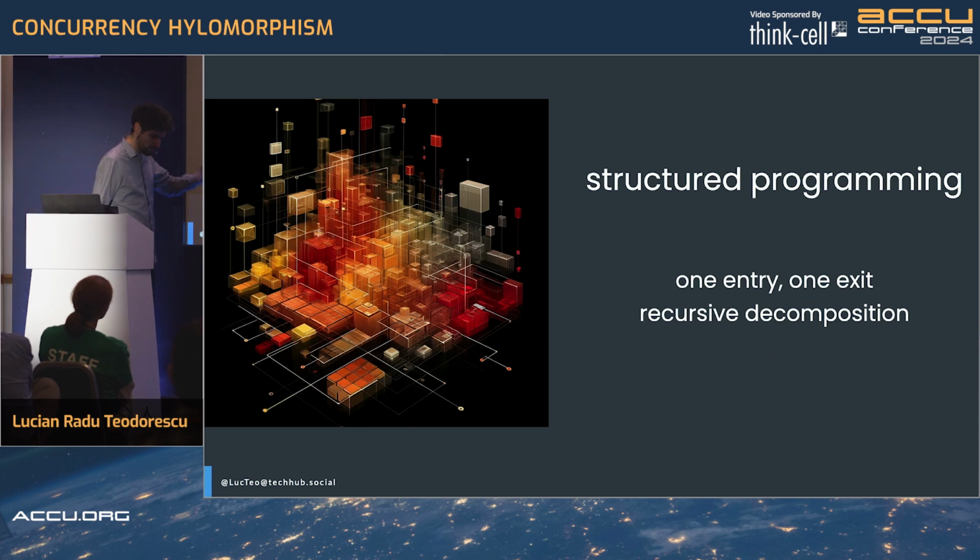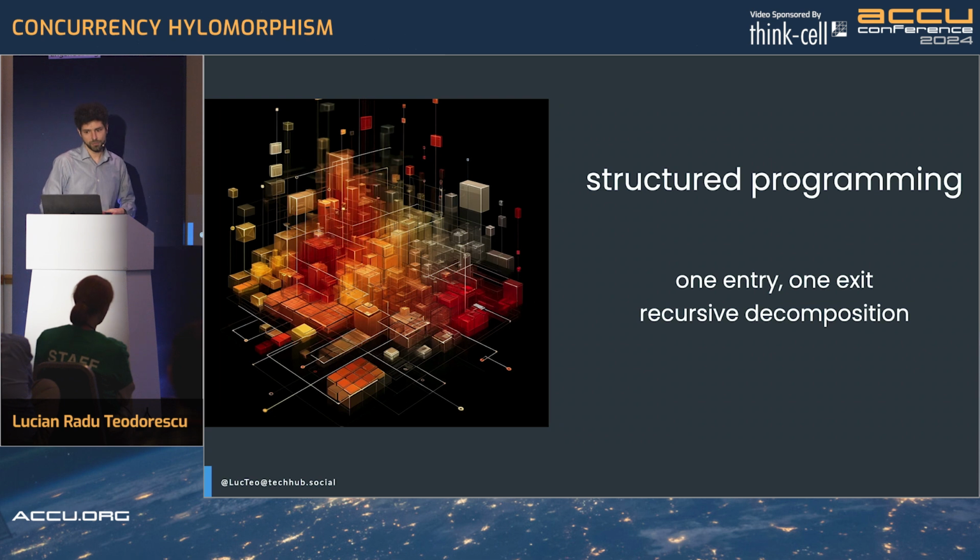It has multiple points in there, but two are mostly relevant here. Every operation has one entry and one exit point, and you build everything out of those types of operations, and you are able to recursively decompose your programs into operations like that. Like have a main, you decompose into something else, decompose to something else, and eventually you end up with ifs, with fors, and with everything, right?